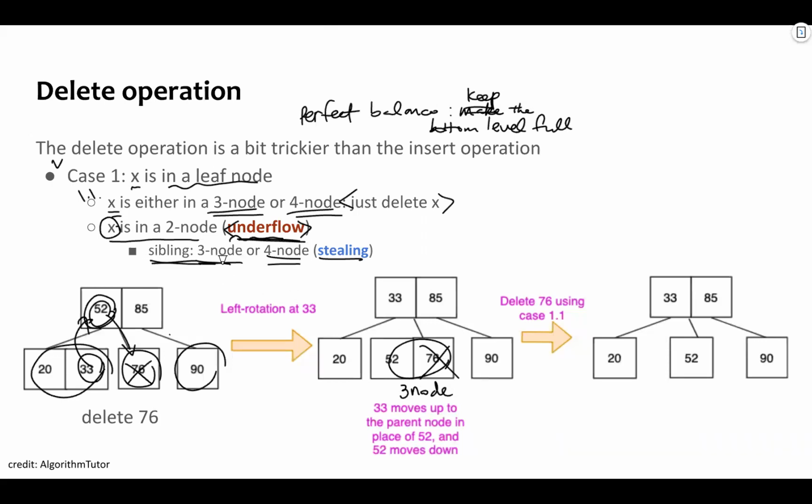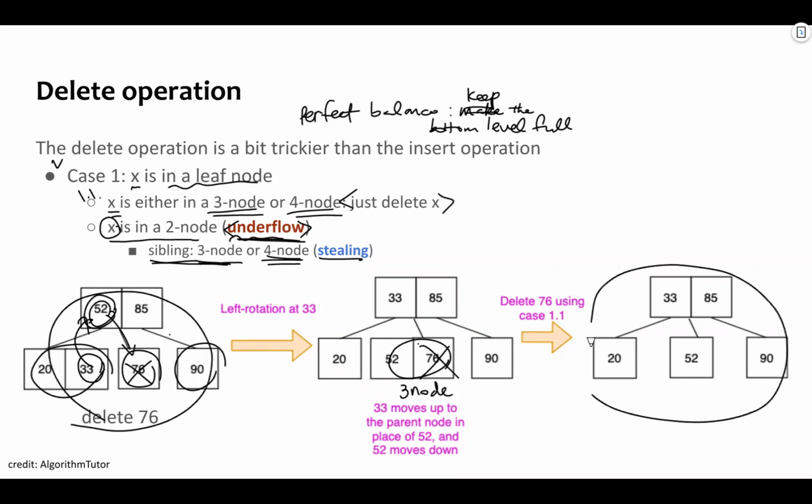So if the sibling is a 3 node or 4 node, we're going to pop one of the items of the sibling to the parent and then get one item from the parent and replace the deleted one with it. If you compare these two cases, you just pop one item from the sibling to the parent and replace the 76 with one of the parent's like this.